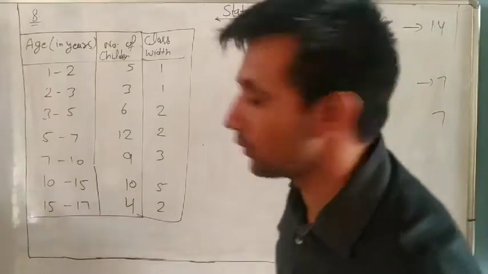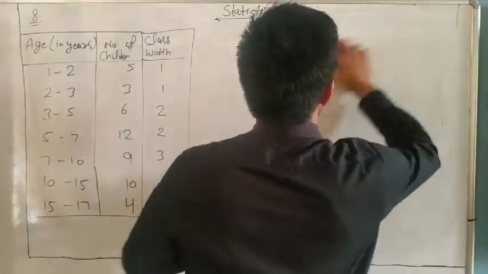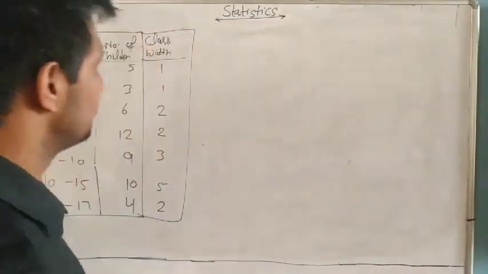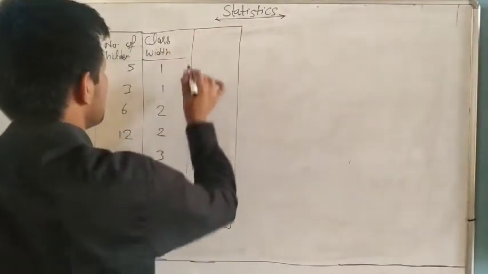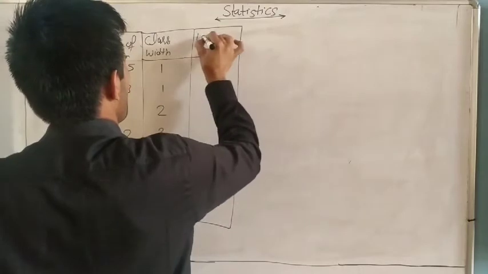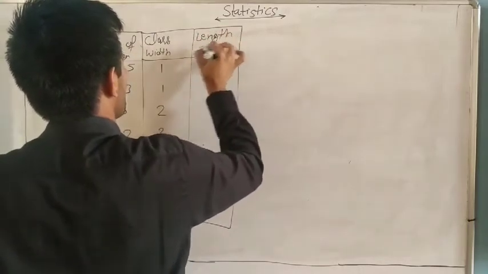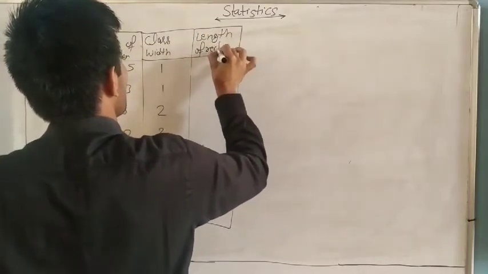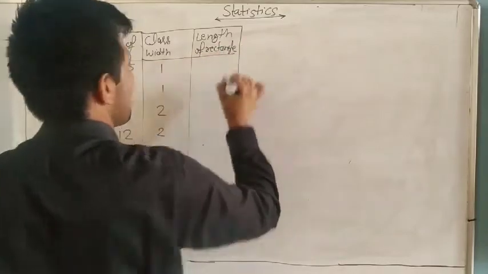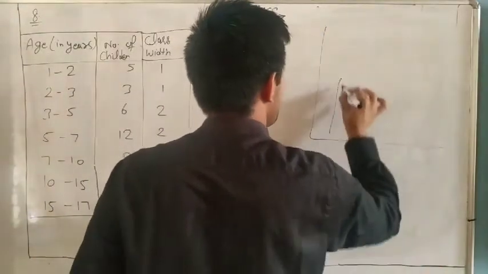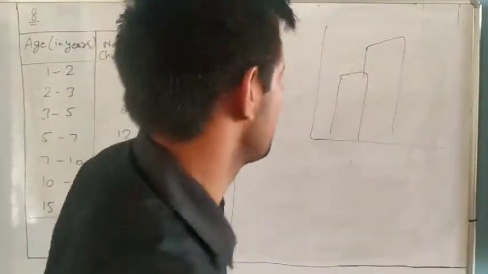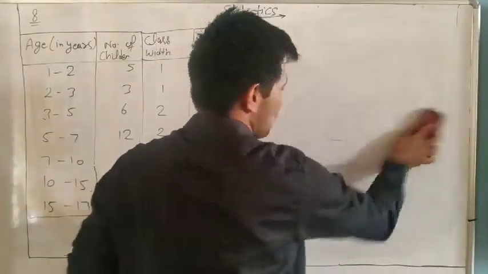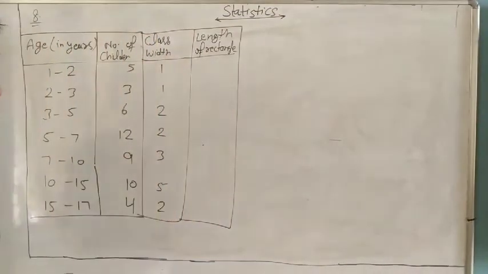So we write first, and the next column becomes the length of rectangle. Length of rectangle means this one, all the length of the rectangle. Understand? Length of rectangle is one formula for finding.